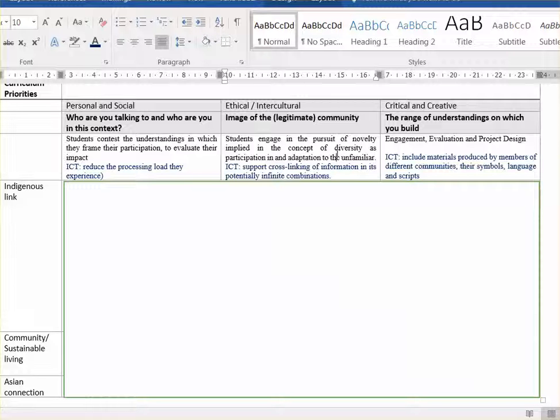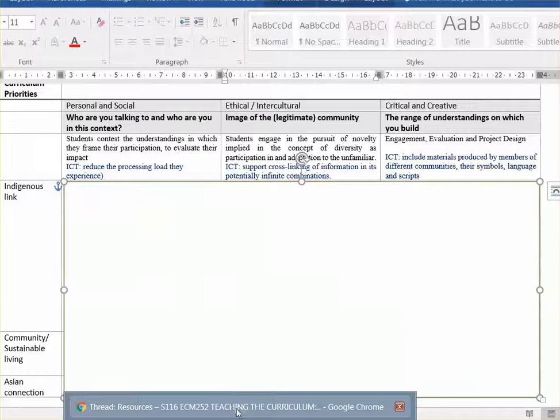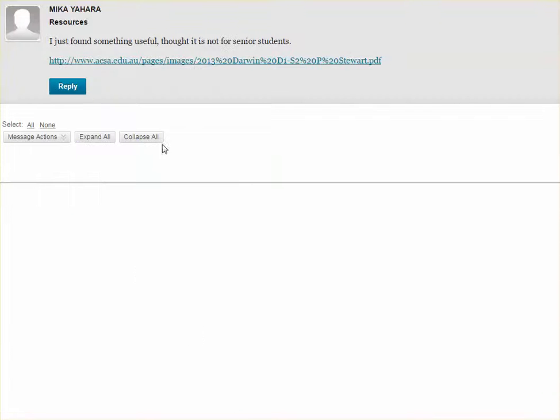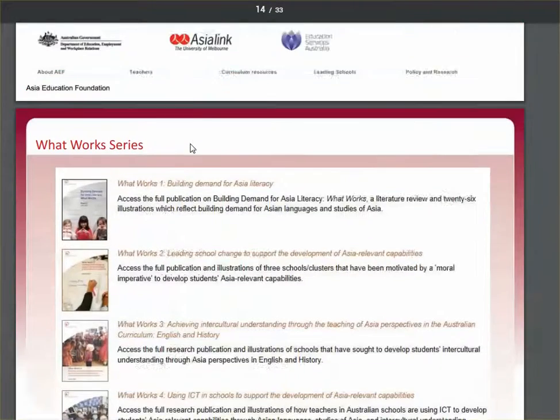So basically what we're doing is thinking how we could think of our own LOTE experiences and assess them in relation to the curriculum. You have done a little bit of work already with that resource, right? I'm not sure whether it would be a good idea for me to show it again because it is visible.